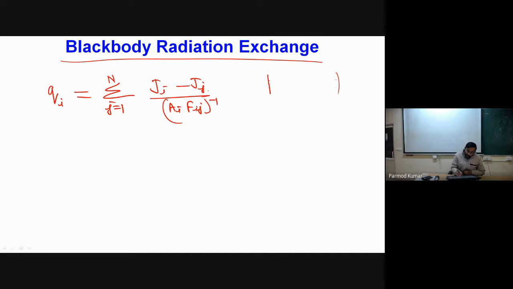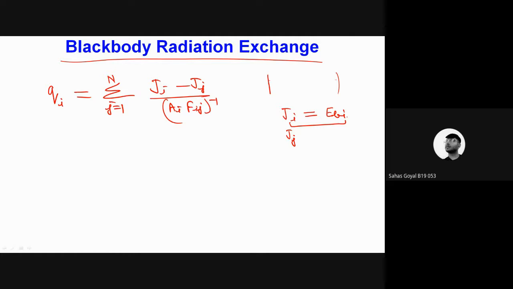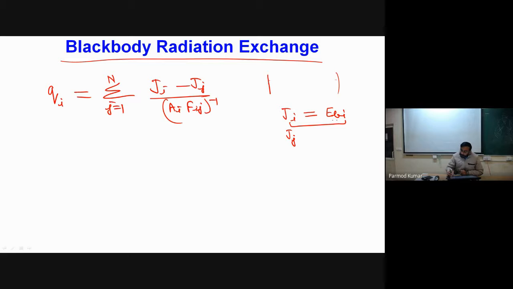Now if all the surfaces are black body, can you tell me what will be the value of Ji and Jj? Can I write Ji equal to EBi if I have my surface as a black body? Yes, sir, because we will not be having any reflection. All the radiations emitted will be only equal to black body radiations, so radiosity will be equal to black body radiation, and all the irradiation will be completely absorbed by the surface.